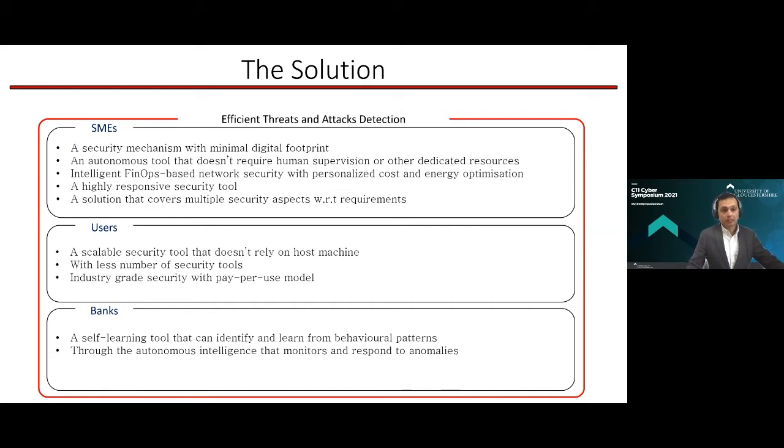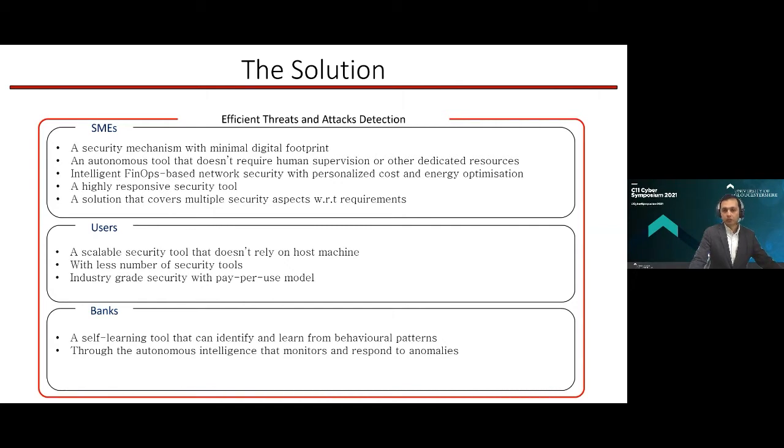For individual users, a scalable security tool that doesn't rely on the host machine and doesn't consume your CPU resources, with fewer security tools on your machine, industry-grade security with a pay-per-use model. For banks, I'm emphasizing banks as well because I'm working with a couple of them, a self-learning tool that can identify and learn from behavioral patterns through autonomous intelligence that monitors and responds to anomalies.